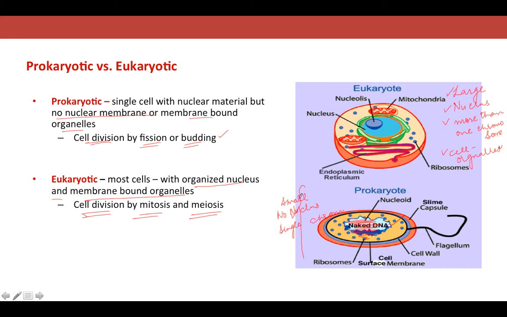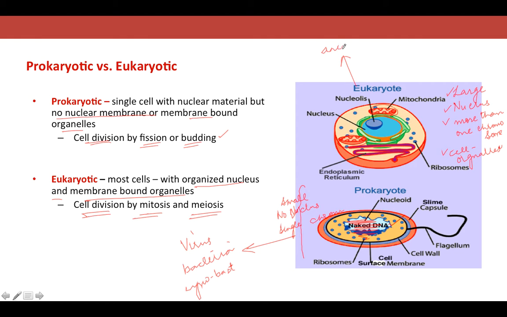Now, if I talk about the examples, virus, bacteria, and cyanobacteria are some of the examples of prokaryotes. All the unicellular and multicellular plant and animal cells are eukaryotic in nature.